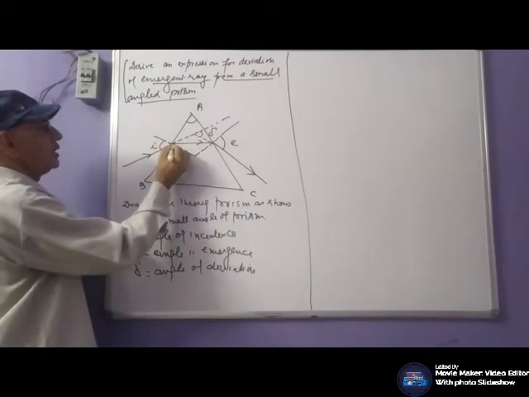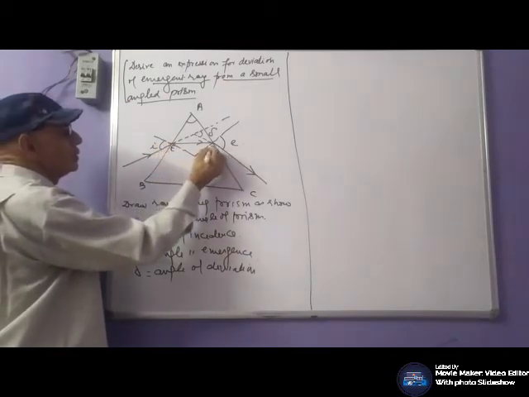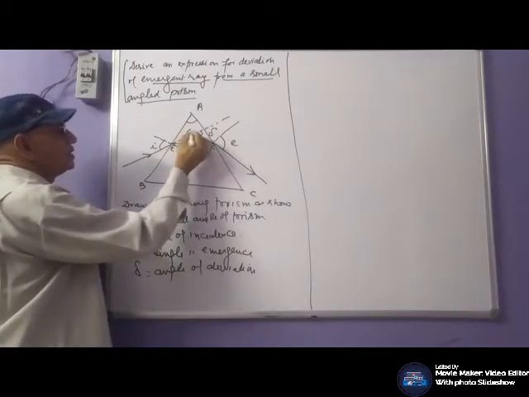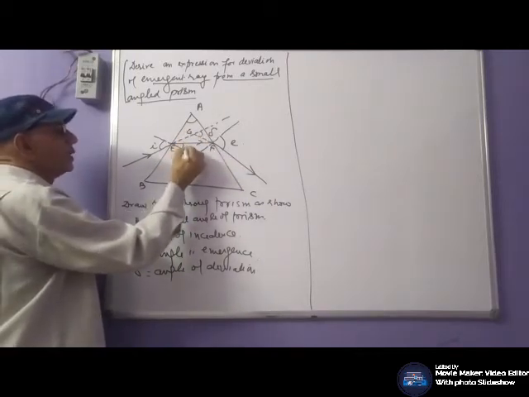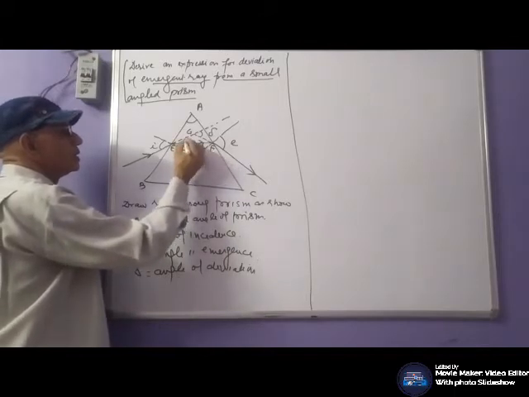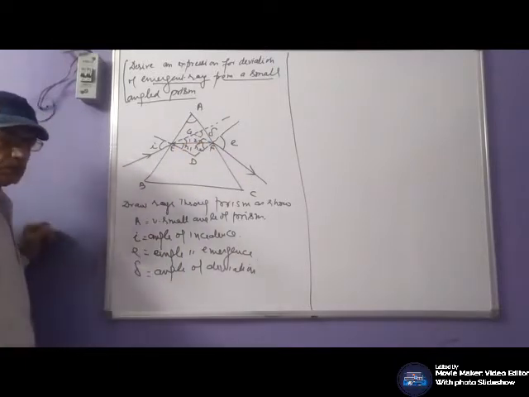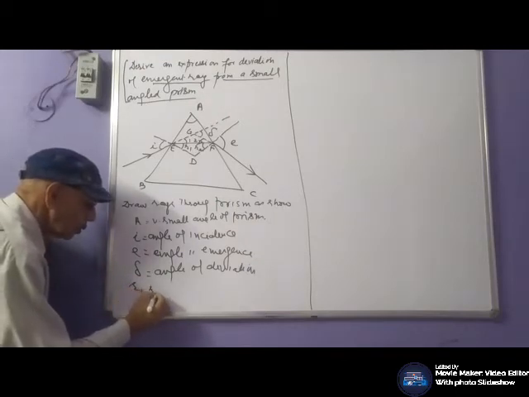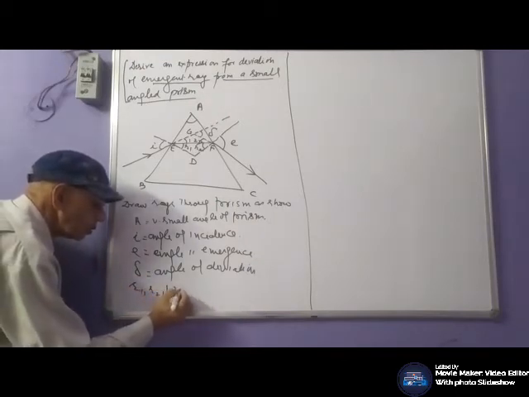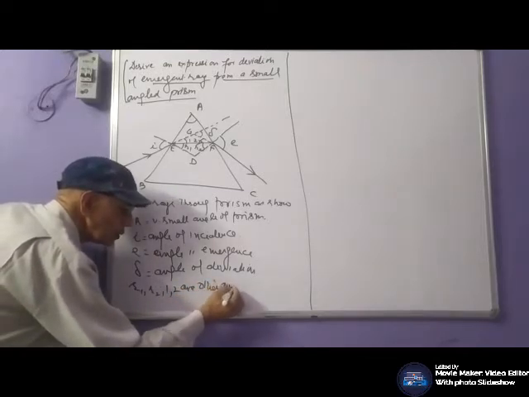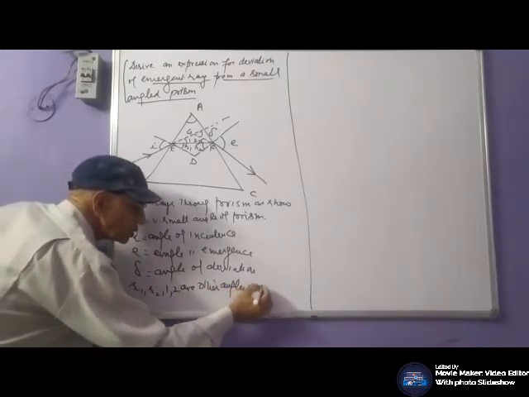This is E, this is F, this is D, say this is G. This is R1, this is R2, this is angle 1, this is angle 2. R1, R2, 1, 2 are other angles as shown.